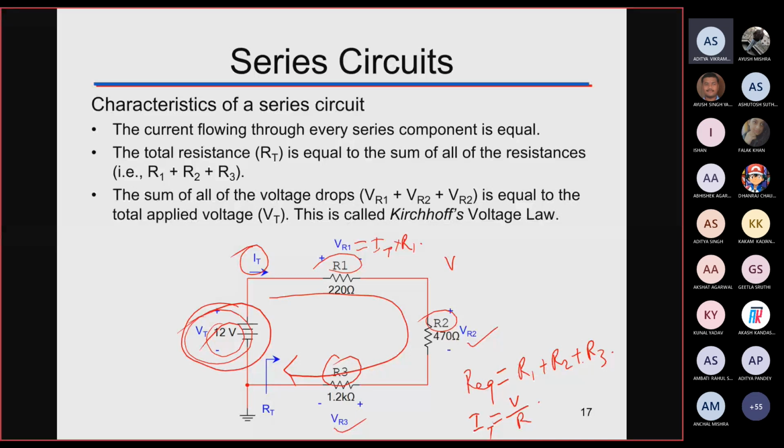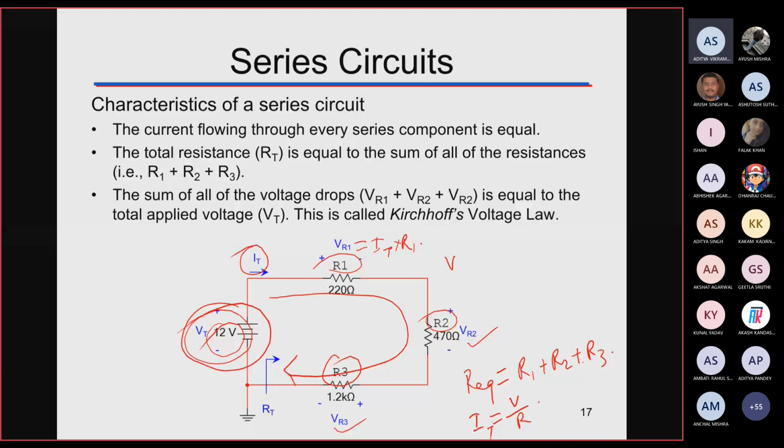So indirectly we can say that the summation of voltage drops in any electrical circuit will be equal to 0, right?